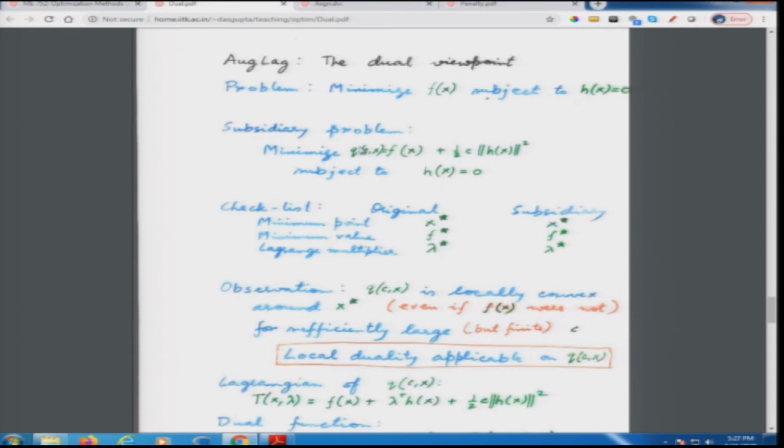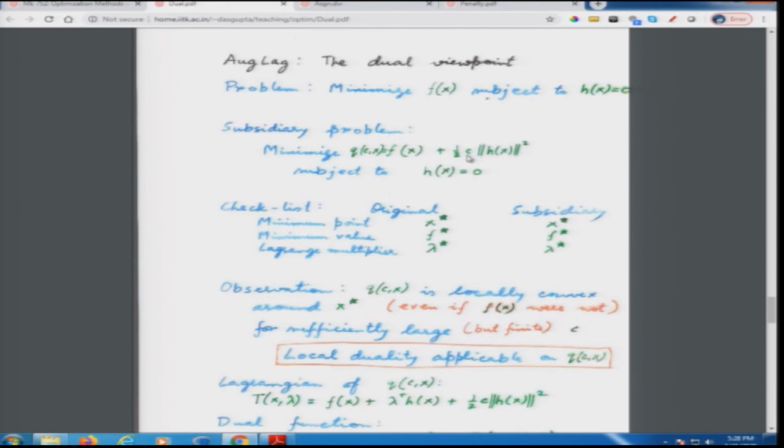That will happen here also. So, at x star, grad f plus this is 0, and this fellow's grad is also 0, because h is 0. So, h is 0, and the Lagrangian has a 0 gradient, and that will ensure that this fellow's Lagrangian also has a 0 gradient.